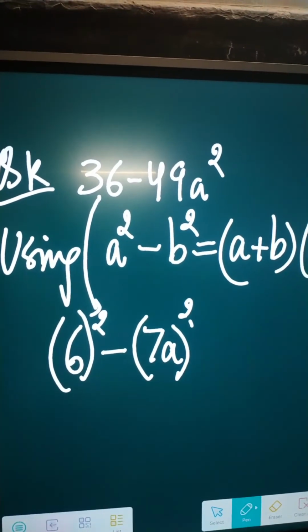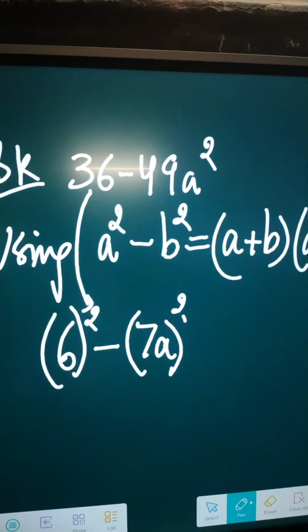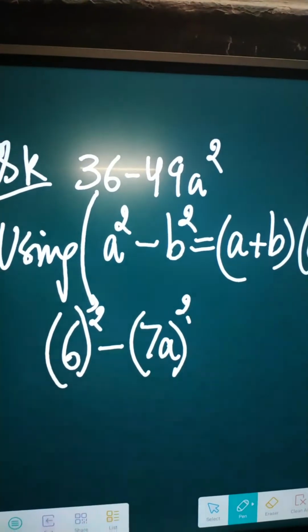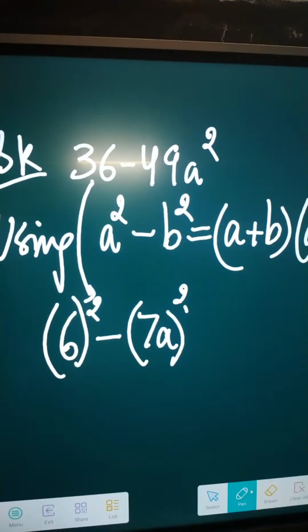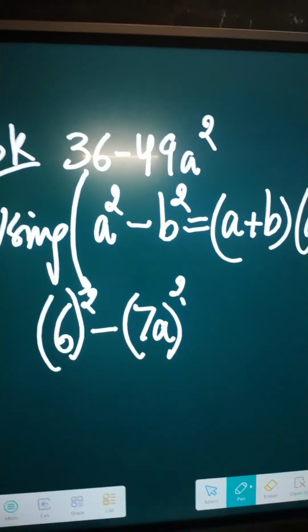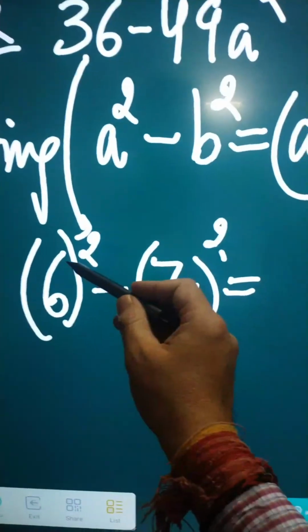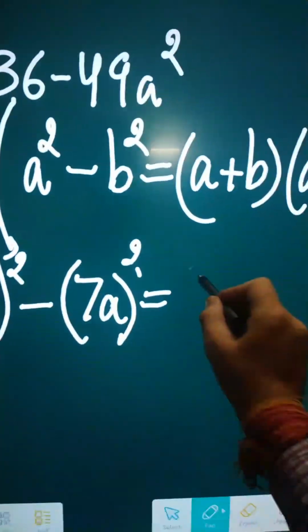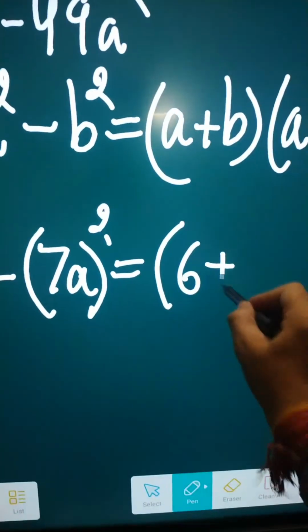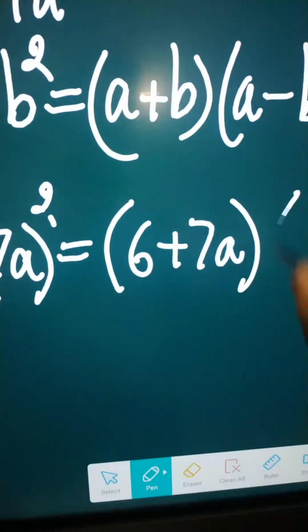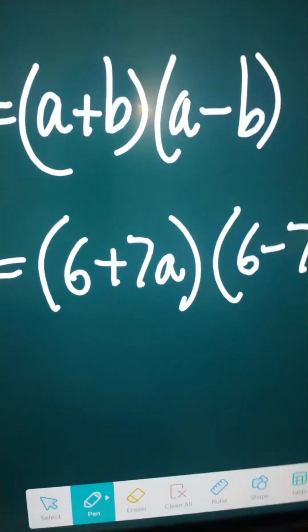So a is 6 and b is 7. So 6 square minus 7a square will be written as a plus b, a minus b. So this is a and this is b. So you have to just write a plus b and a minus b.